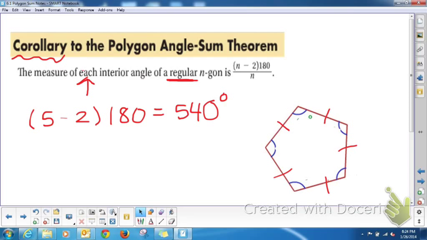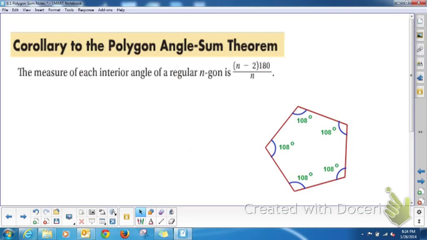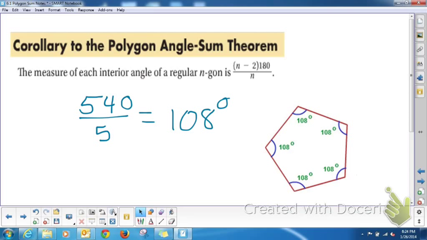So we can divide the sum by the number of angles, which is the same as the number of sides, to find out how much each one is. So 540 divided by 5 will tell us how much each of these interior angles is. 108. Each one of these angles is 108 degrees. So that's the corollary to the Polygon Angle Sum theorem.